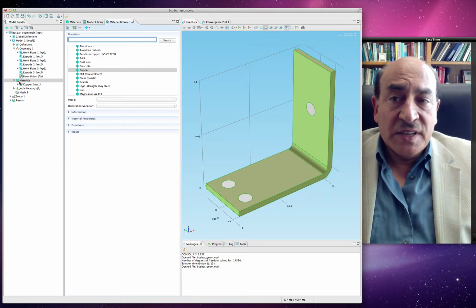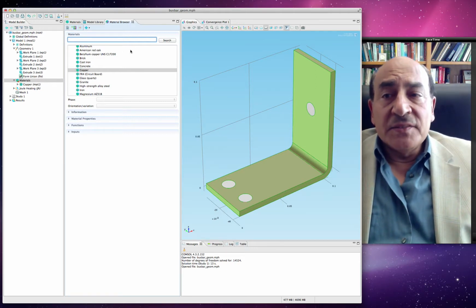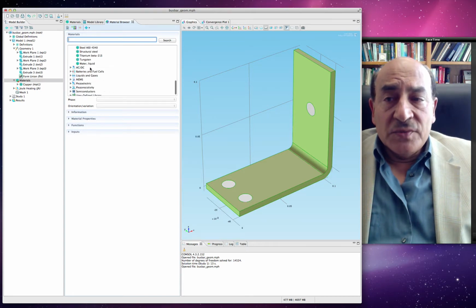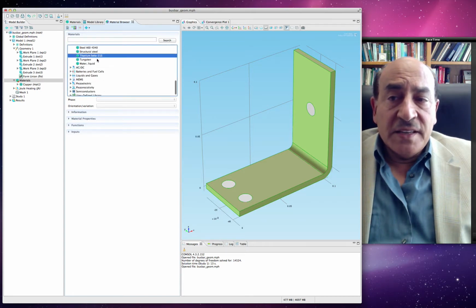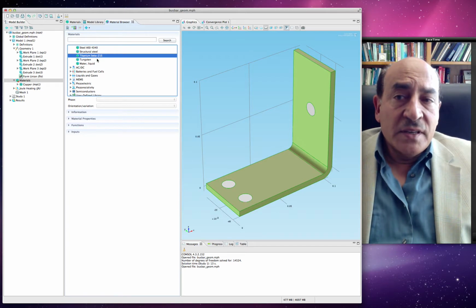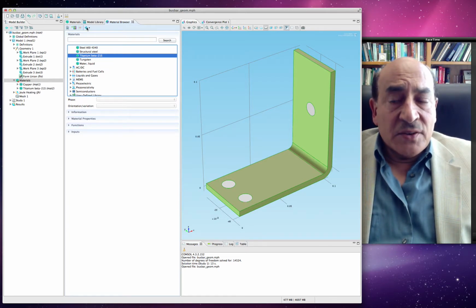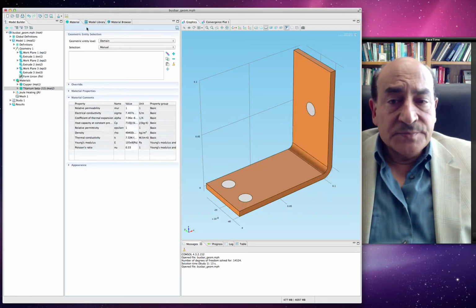So it reminds you that we have to go back and define it. So if we go into the library again, we find that we have a titanium beta alloy, and we will choose this as our second material.